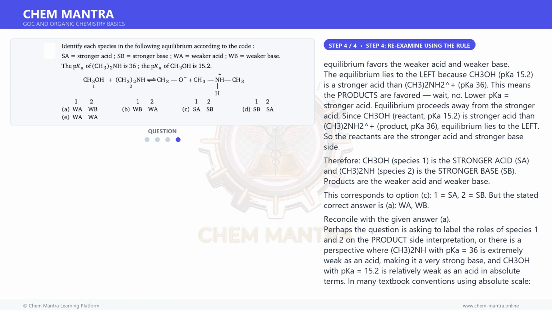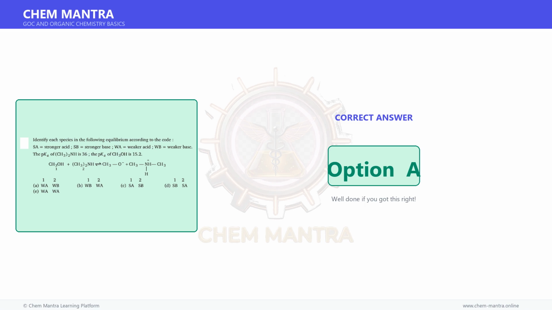The codes Sa, Wa, Sb, Wb refer to absolute classifications. CH3OH is a weak acid, pKa 15, not a mineral acid, and CH3NH- is a weak base, not NaOH or similar. Both are weak in the conventional chemistry sense. Therefore, the correct answer is option A.